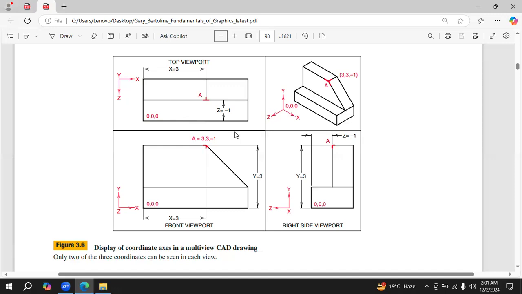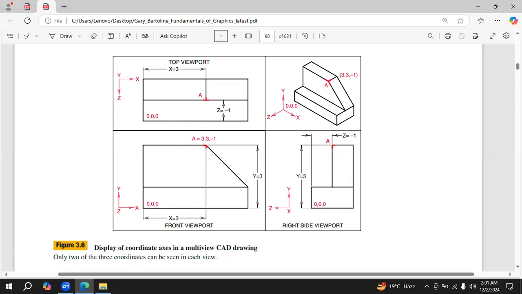Once you come up with the model and want to observe it from the right side, you do have a Y and Z plane. And this sort of view.